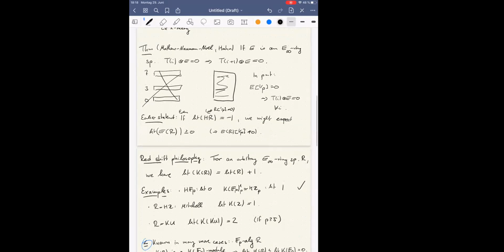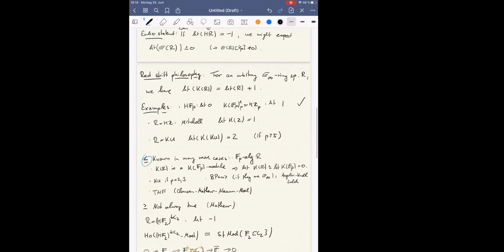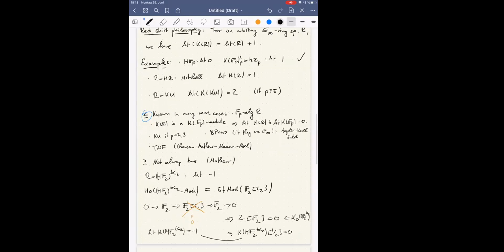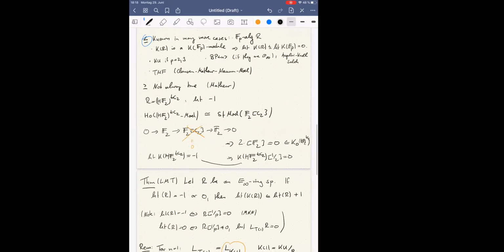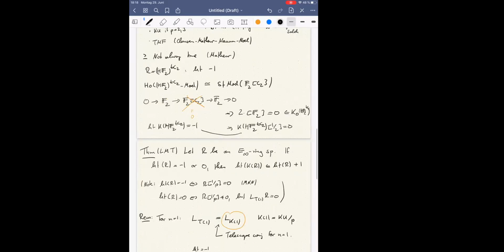Then I said that we can actually show, in this joint work with Georg and Markus, that if the height of our ring spectrum is very low, then K-theory shifts height at most by 1. In many cases, you can then show it actually shifts height precisely by 1.